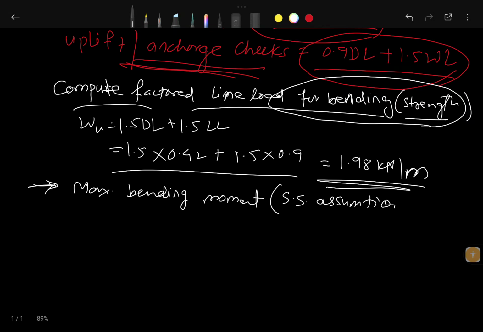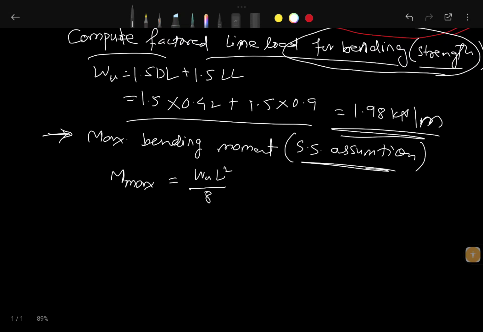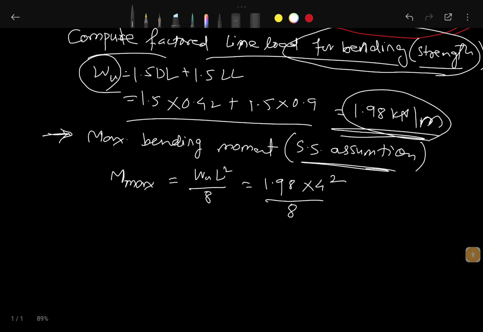For simple calculation, we generally assume the beam is simply supported, so accordingly we calculate the maximum bending moment. The maximum bending moment is Wu L square divided by 8, where Wu is 1.98 kilonewton per meter, and the length is 4, so 4 square divided by 8.